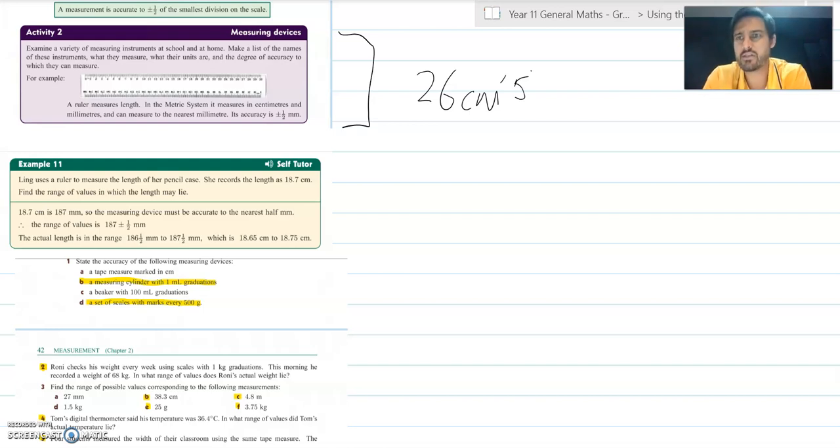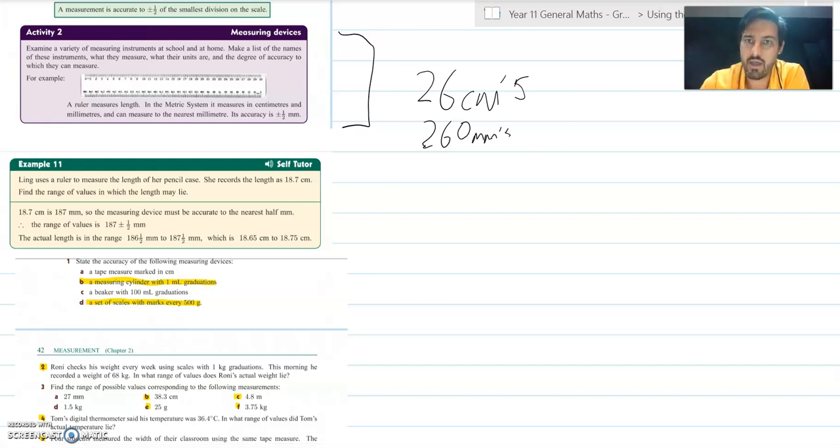Now, there's two ways that I'm going to show you how to do this. I think this first way is the most easily understandable. What we're going to do is put that in millimeters. So 26 centimeters is 260 millimeters, as there's 10 millimeters for each centimeter. And really, we're saying that it is accurate to within half a millimeter.